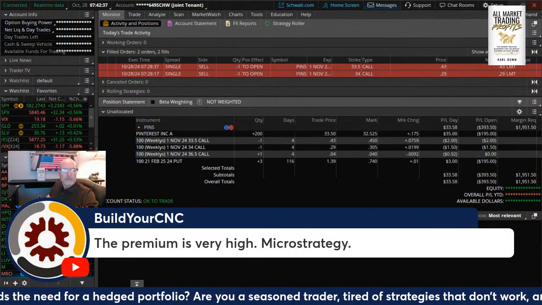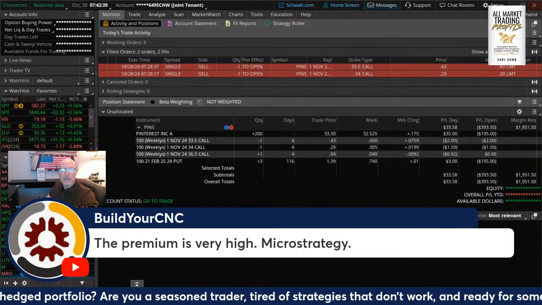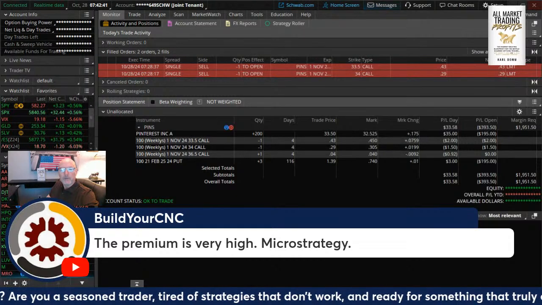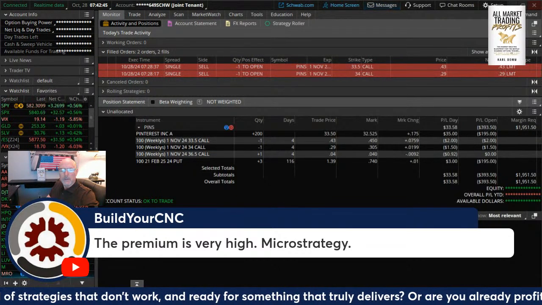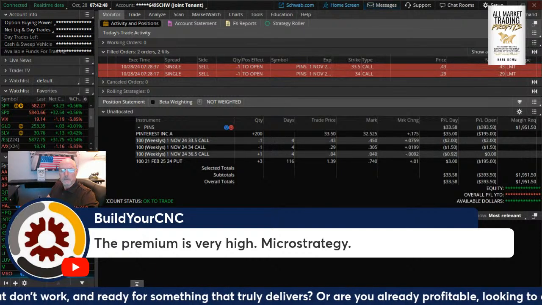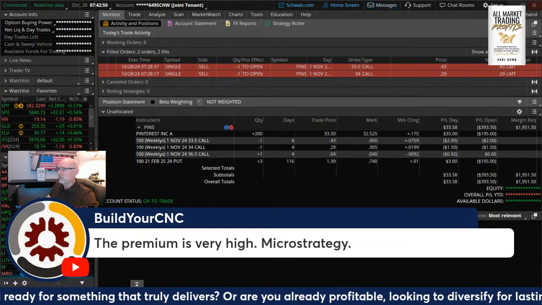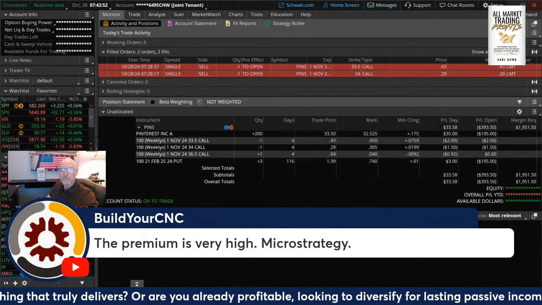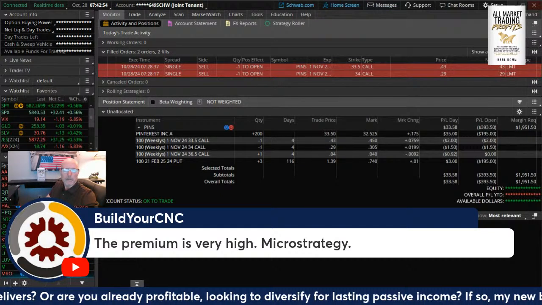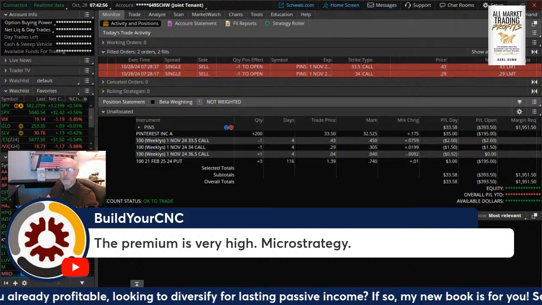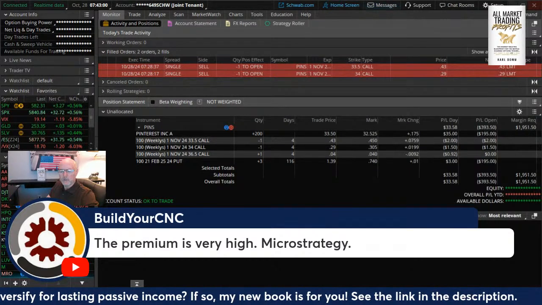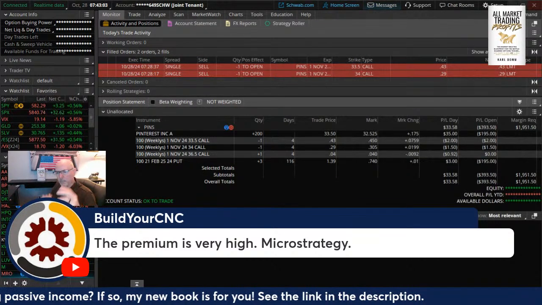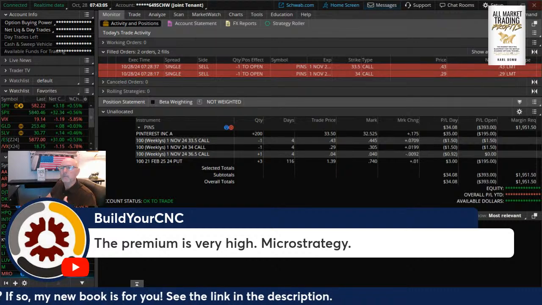The premium is very high on MicroStrategy. Okay, the premium's high probably for a reason. There's probably some type of binary event coming up, and maybe the earnings edge would be something to deal with that. But as far as directional, I don't know. I don't predict direction. I don't think anyone can accurately predict direction in the short term and put their money to work and make money around that.